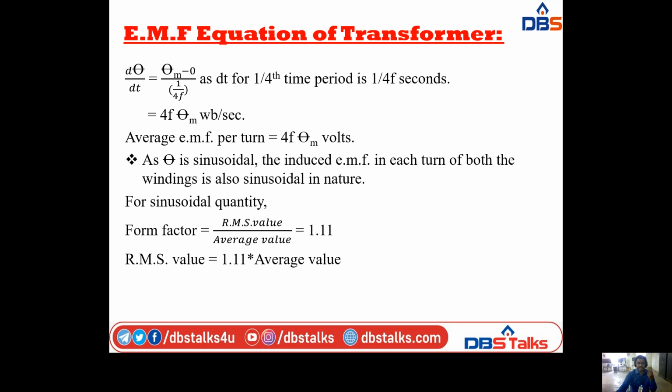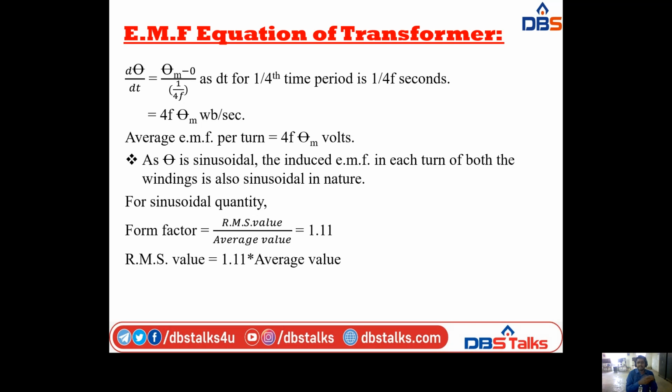The flux is in between 0 and phi m in the 1/4th cycle. That's why I am taking d phi by dt is equal to phi m minus 0 by 1/4f, as dt for the 1/4th time period is 1/4f seconds.